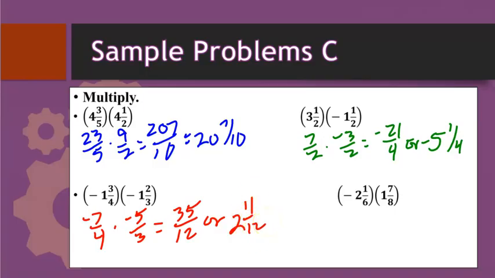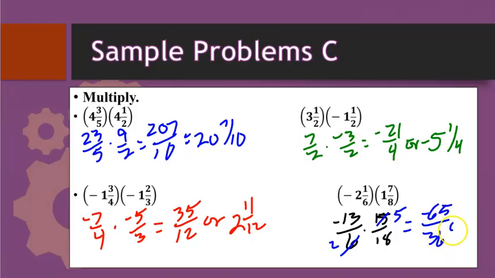And this next one, we got 6 times 2 is 12, plus 1 is 13, so a -13/6 times 8 plus 7 is 15/8. Here I can reduce, I could divide a 3 here and get 2, divide a 3 here and get 5, which is going to give us a -65/36.